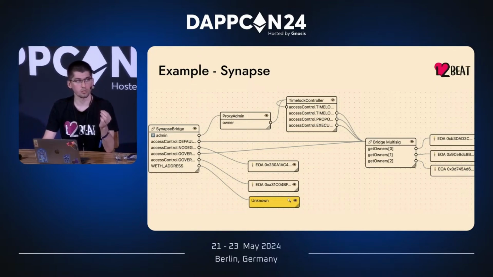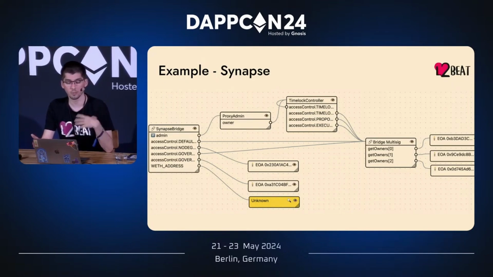In this smart contract, we can see that it has some fields. It has an admin field, it has the address of the wrapped Ether smart contract, and it has some access control pattern. The admin is read by our system, and we see that it points to the proxy admin smart contract.